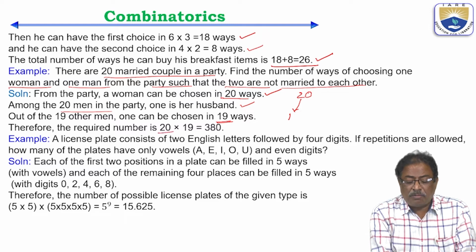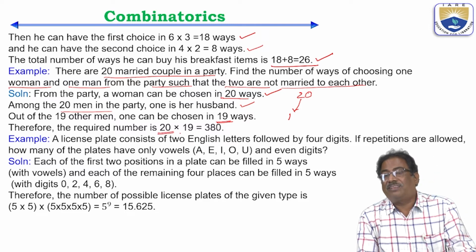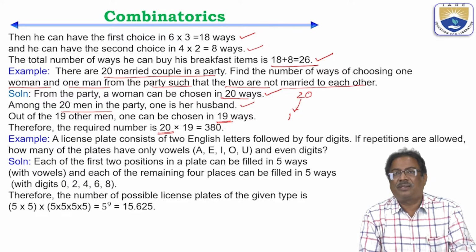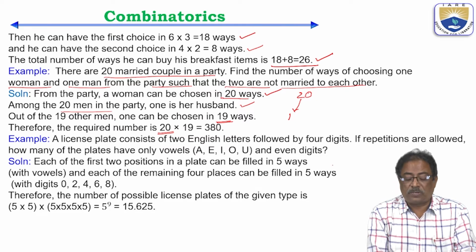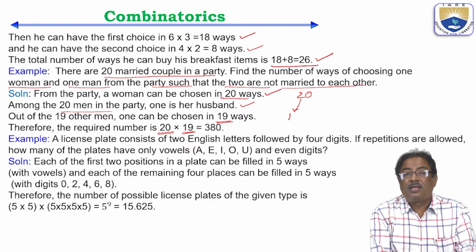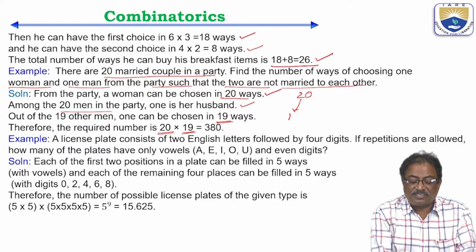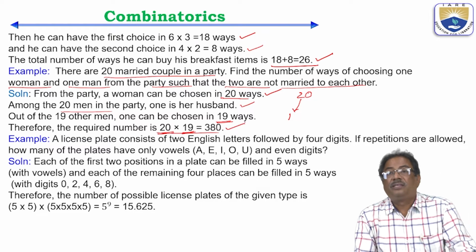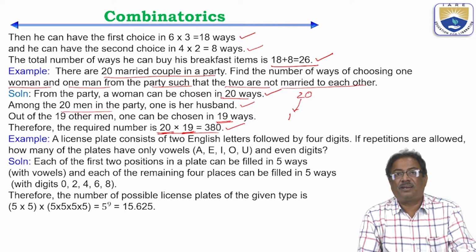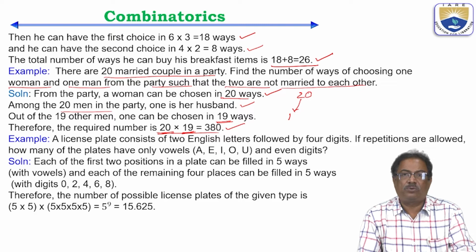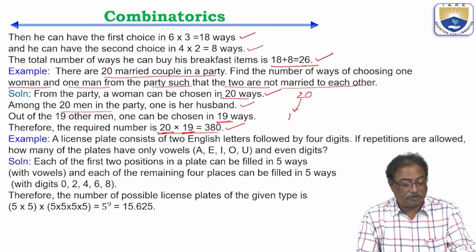Selecting a woman can be done in 20 ways, and for each way I should not select one person, her husband, so only 19 ways to select the man. So this is going to be 380 ways. If the condition is not imposed, then I would get 20 into 20 ways.